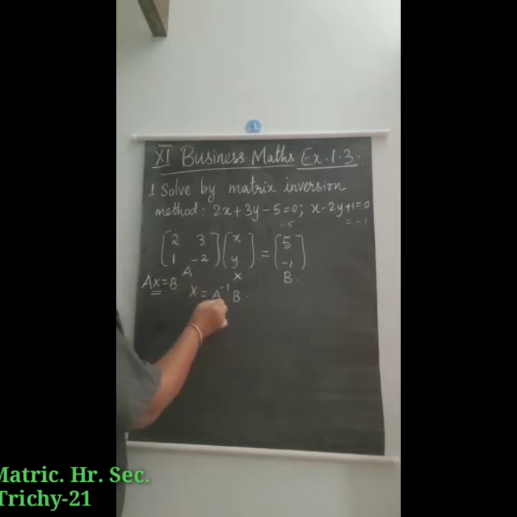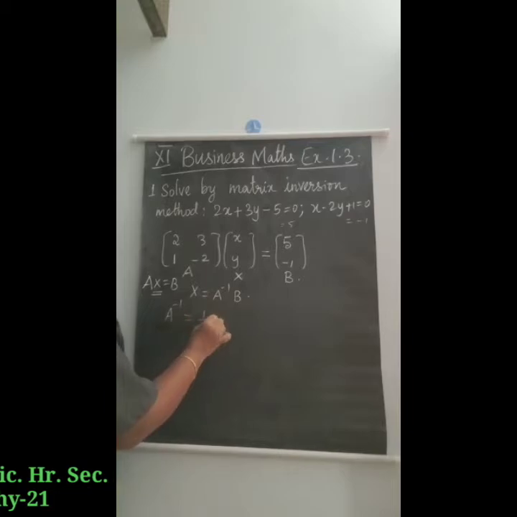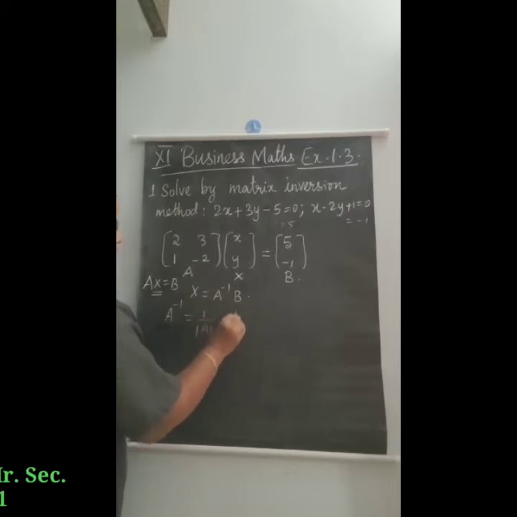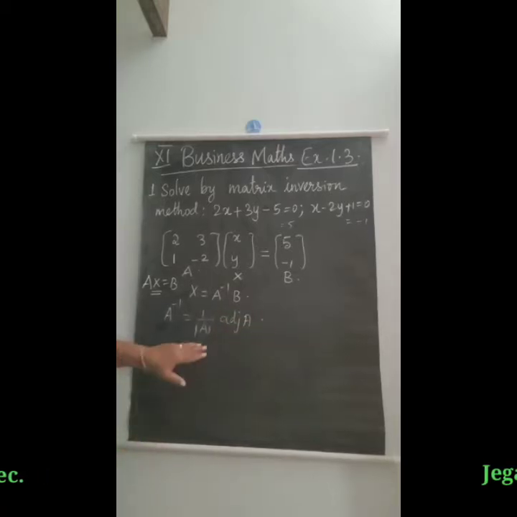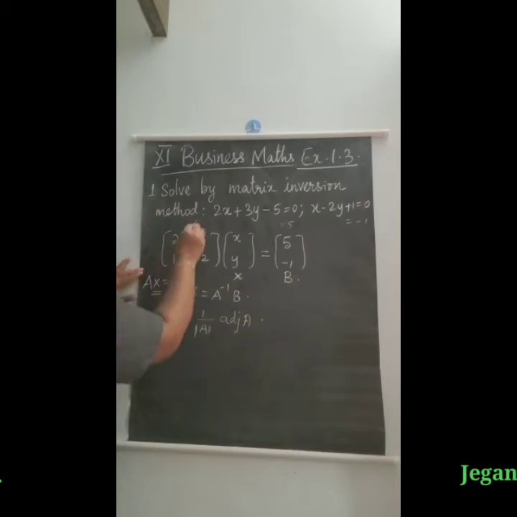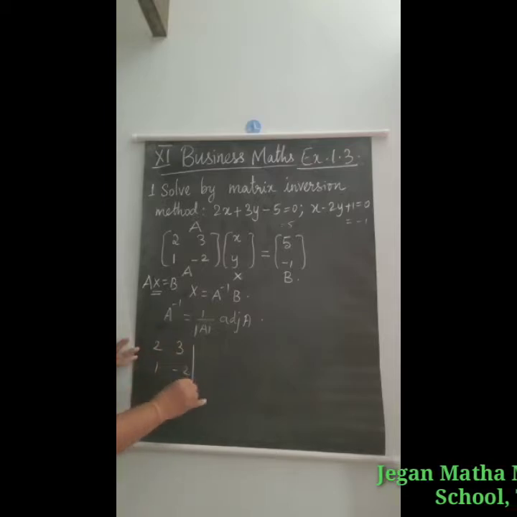Now we are going to find out A inverse. A inverse is equal to 1 by determinant of A into adjoint A. First, take the A matrix and find the determinant value for 2, 3, 1, minus 2.